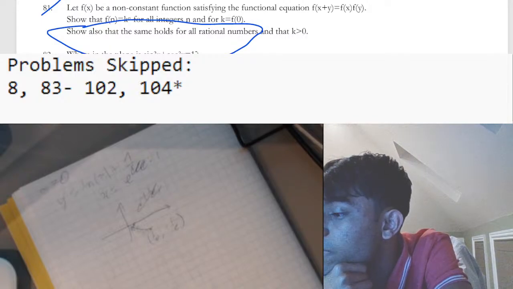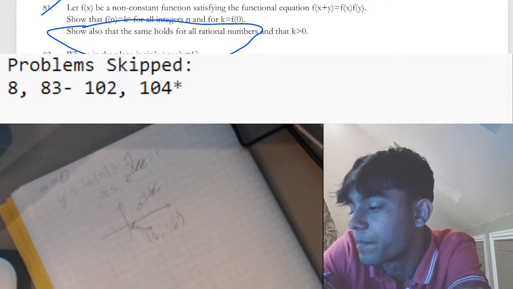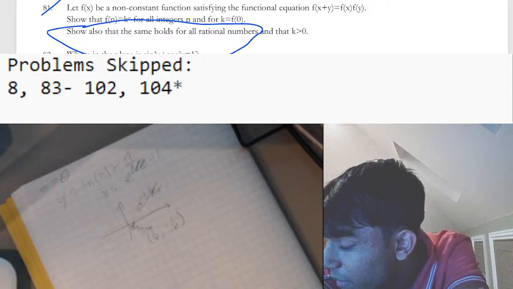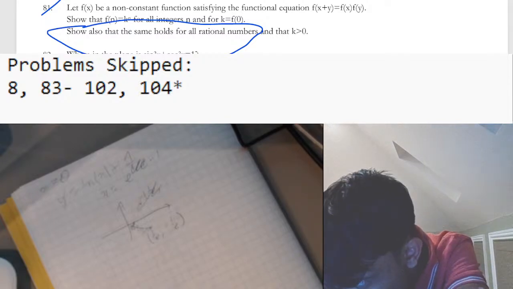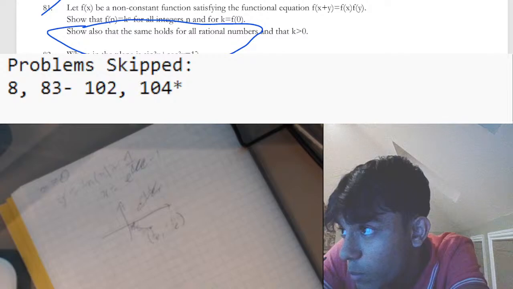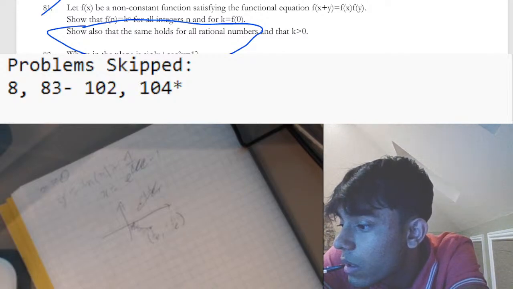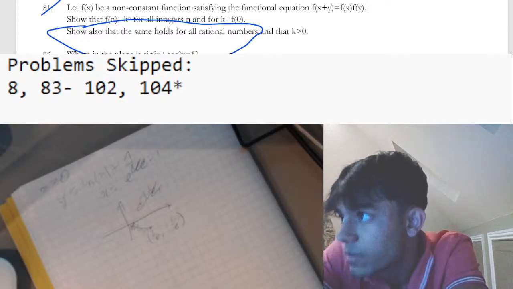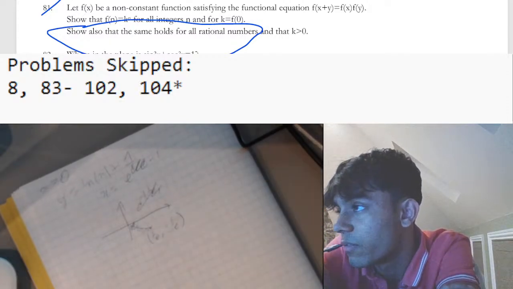Okay, so ln of 1 over e is minus 1. And then if you put x is e to the minus 1, you get 1 over e times minus 1, which is minus 1 over e. So that's the point on the curve.